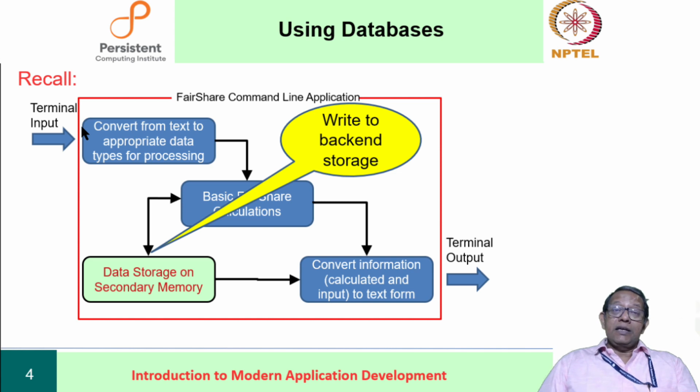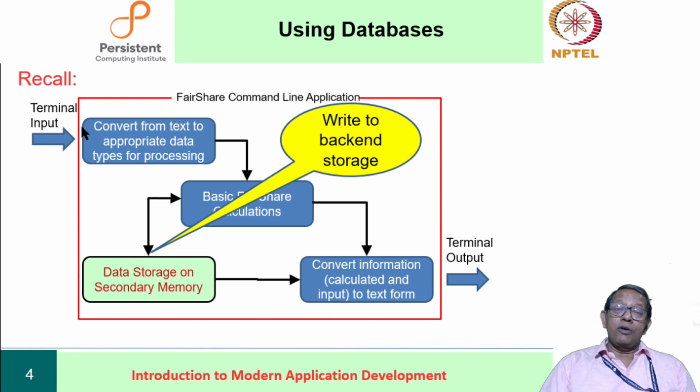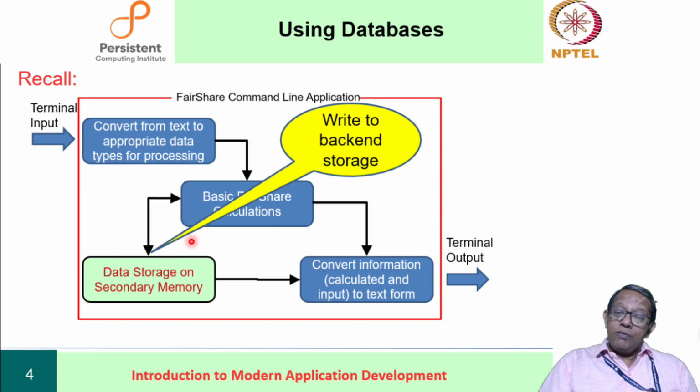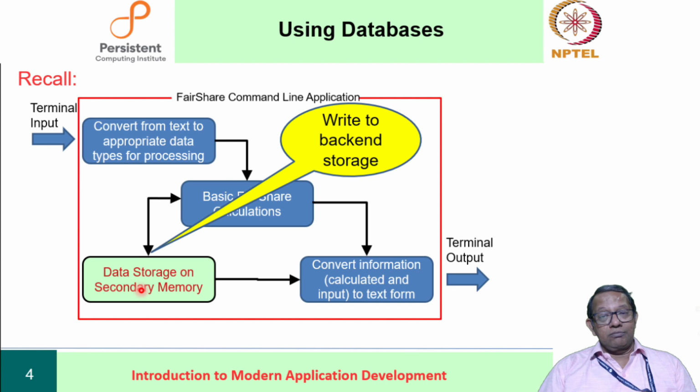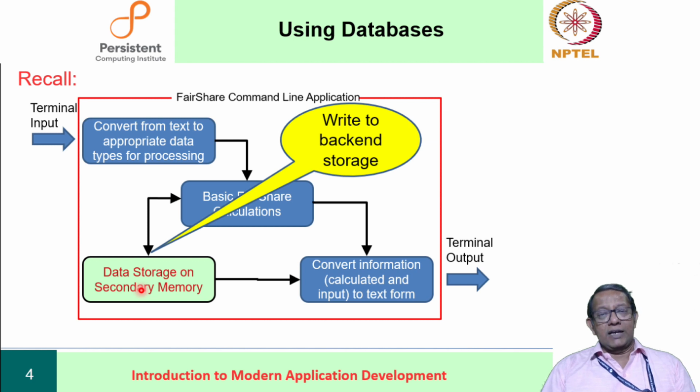This is the sketch of the command line application. In particular, we want you to recall this part where we said that we need to write to the backend storage, and this was some data storage in secondary memory.